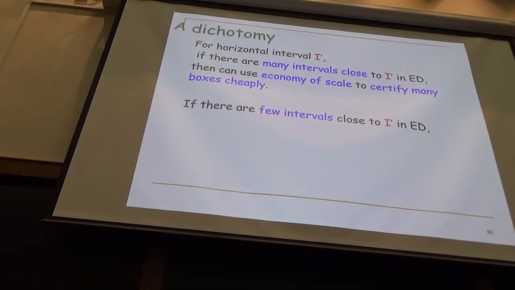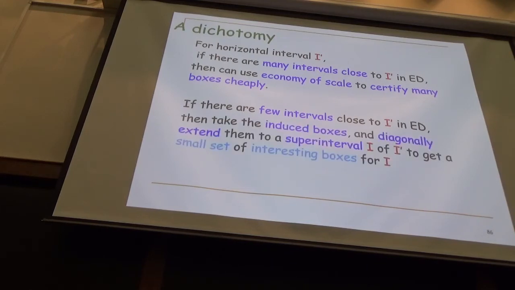If there are few intervals close to I prime, and there's a lie on this slide, but we're at the end of the talk and there are plenty of lies, but the basic idea is, if there are few intervals close to I prime in distance, then take the induced boxes, diagonally extend them to the superinterval I prime to get a small set of interesting boxes for I. Okay. And those will be our 2 sources of certified boxes.